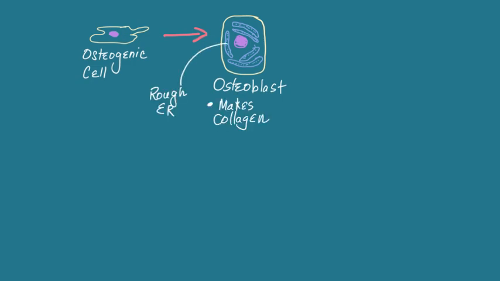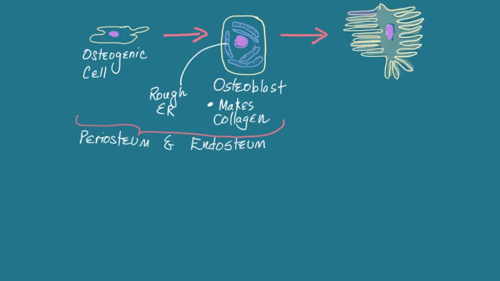The osteoblast has large amounts of rough ER because its function is to make collagen and release it from the cell, where it becomes part of the matrix. Both the osteogenic cell and the osteoblasts are found in the periosteum and endosteum, which are the linings of the bone. The osteoblast gives rise to the osteocyte.